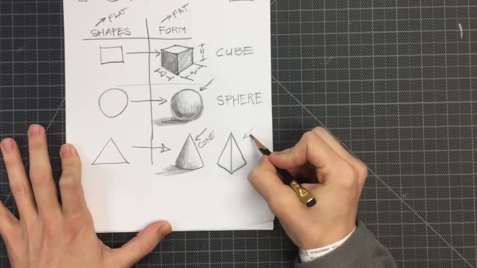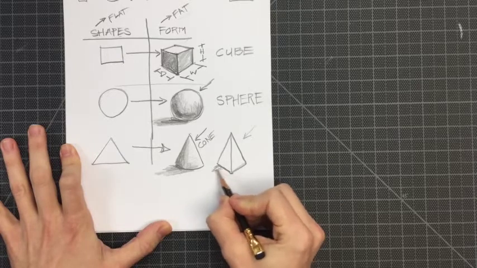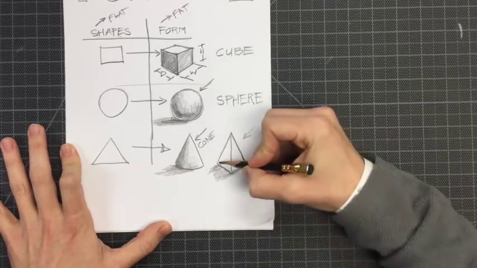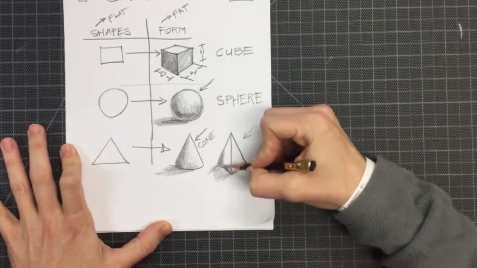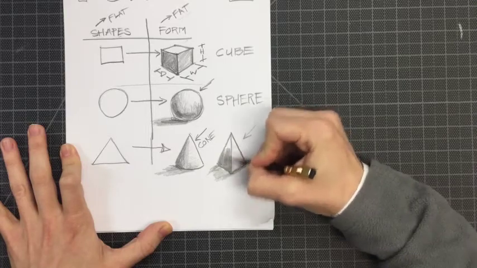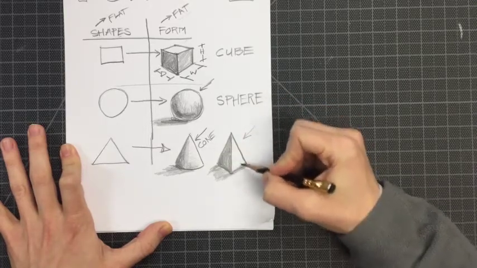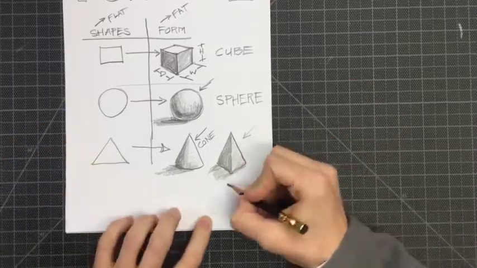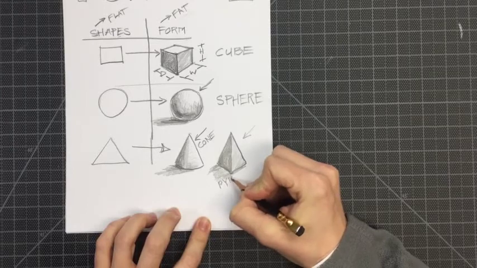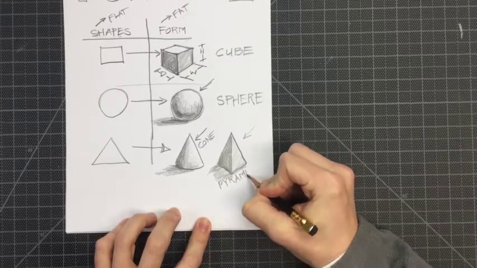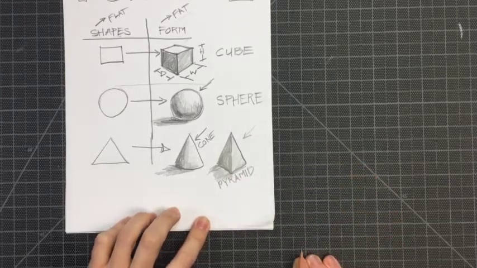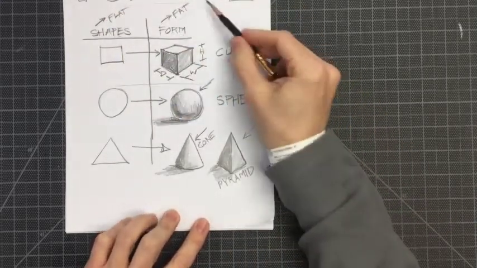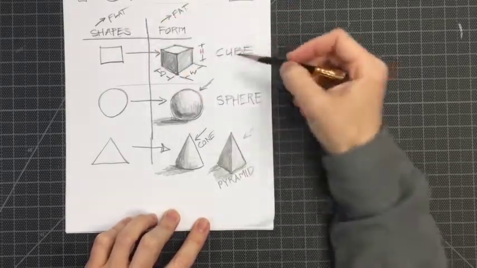And if the sun shines down, we have a shadow over here, and we will have a very dark side over here in the shade. And this might be a little bit lighter. And that's a pyramid. So those are all examples of form. When we have a three-dimensional shape, it becomes a form.